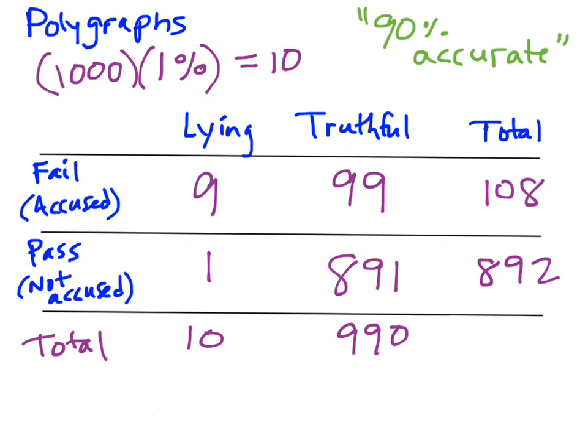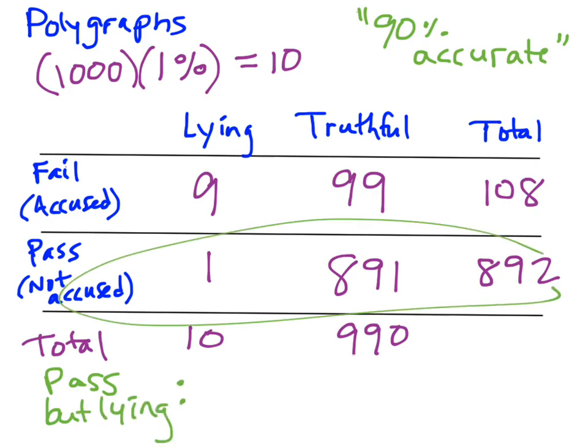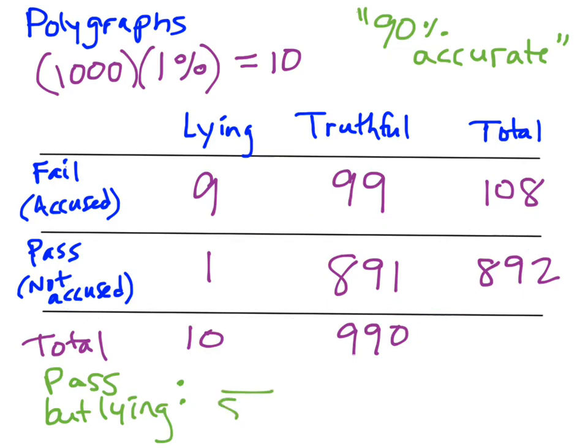And then the other interesting question is, how often do people pass the lie detector test, but they're actually lying? Among people who passed the test, we've got 892 of those people. And the ones who passed but are lying, we have 1. That's actually a really small percentage.